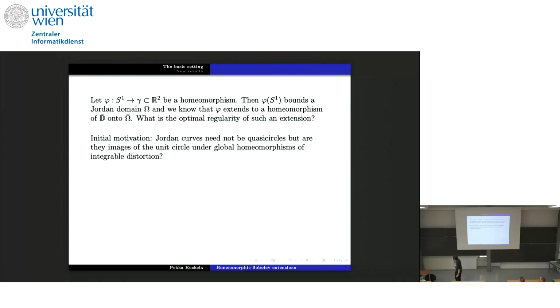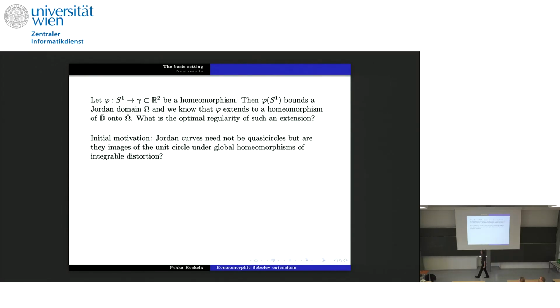Let me look at orientation preserving ones so that the Jacobian will be non-negative. So this inequality by itself is only saying that if this is 0, this should be 0 also. If that's the case, they can solve for K(x). And by saying integrable distortion, I'm asking, can I find an extension so that K is up to some degree integrable?